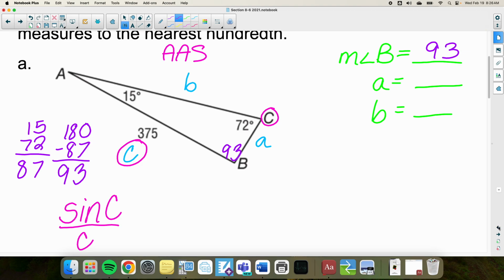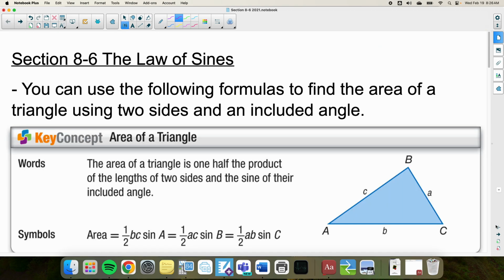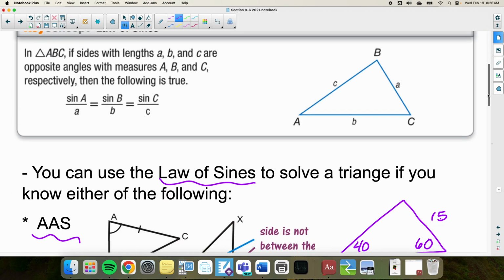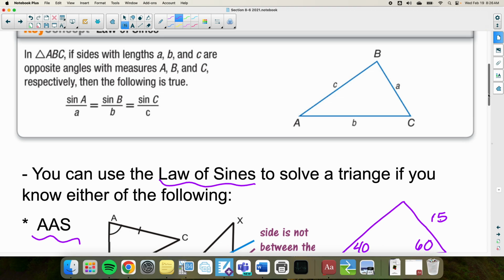If I go back and show you the formula for law of sines, it's this right here. It's sine of A over little a equals sine of B over little b, which equals sine of C over little c.